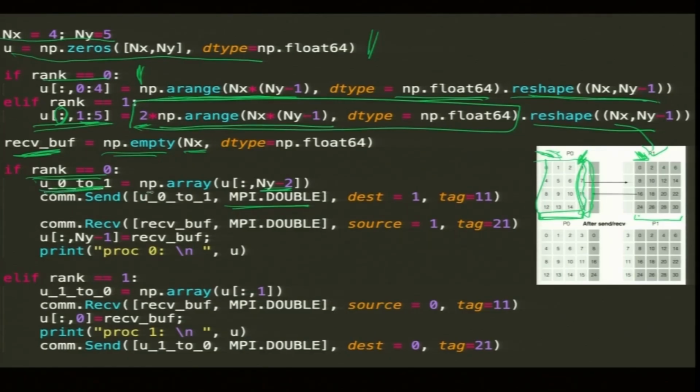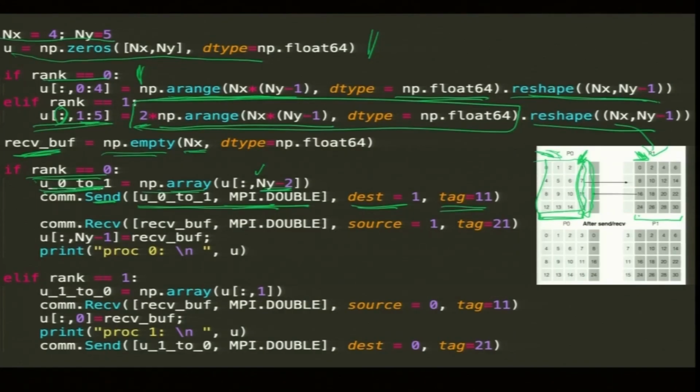In fact, it is created like an NP array. I take these values, create the NP array, and then send it. You need to specify which data to send, which is u0 to 1, and the destination, and I put a tag, but it is not really required. I put a tag here, tag 11.